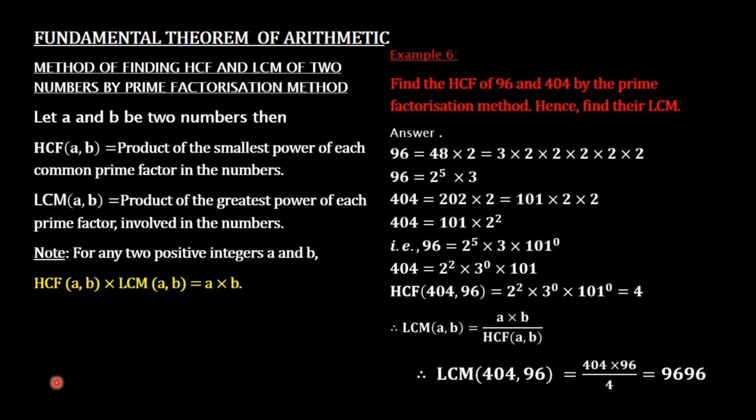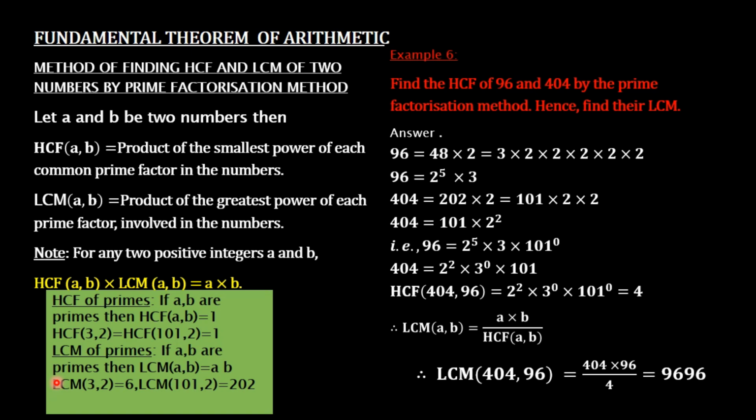Now, here we are applying this prime factorization method to composite numbers. So what if we have two prime numbers? In order to find HCF and LCM, what is an easy technique? If A and B are two primes, then what is the HCF of A and B?